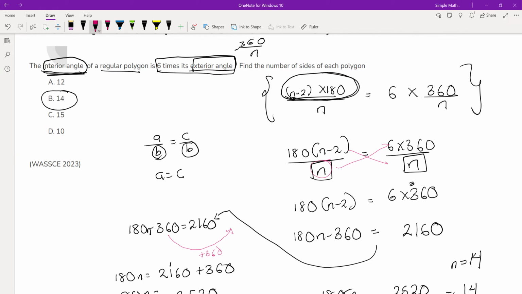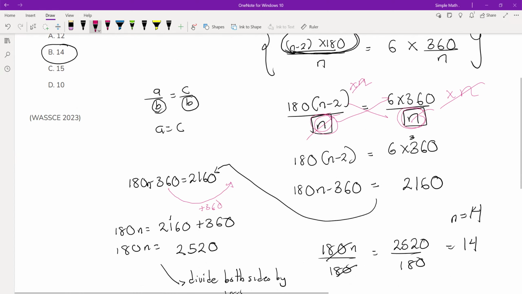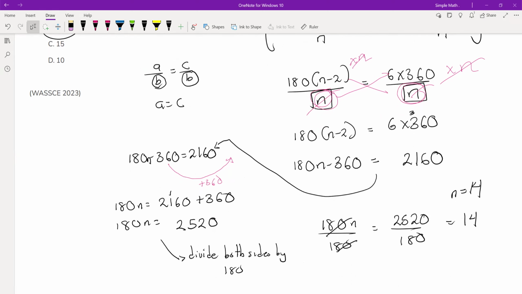But since they were the same denominator, like I said, if A over B equals C over B, then we can say A is equal to C. So there was no need for cross multiplying here. We can just eliminate, or multiply both sides by n, if that's what you like, and you still cancel out n on both sides. So now you're left with this, and then you just work with it, and you get your answer as n equals 14. So that's how you do it.